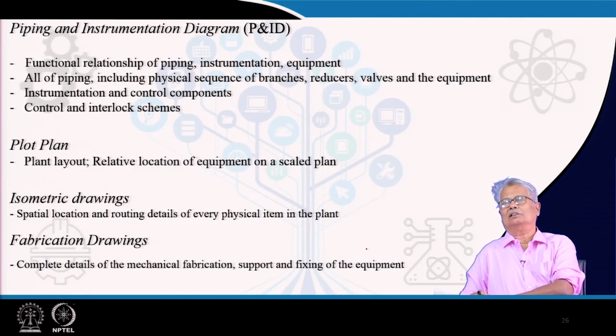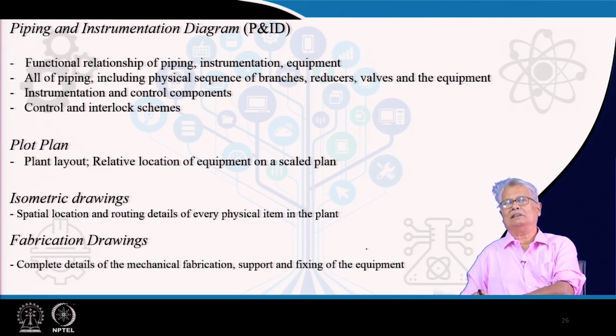After all, you have conceived a plant, you have decided on the alternative designs, you have come to a state where the process is finalized, the process streams are identified, all the equipment are identified, the details of the plants and instrumentations are also known.